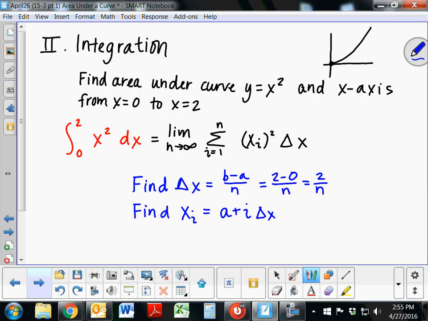Very good. So if I plug that in, and I plug in what I know, what was A in this problem? 0. We need to plug in delta x if you want. I can. That's i times 2 over n, or in other words, 2i over n.